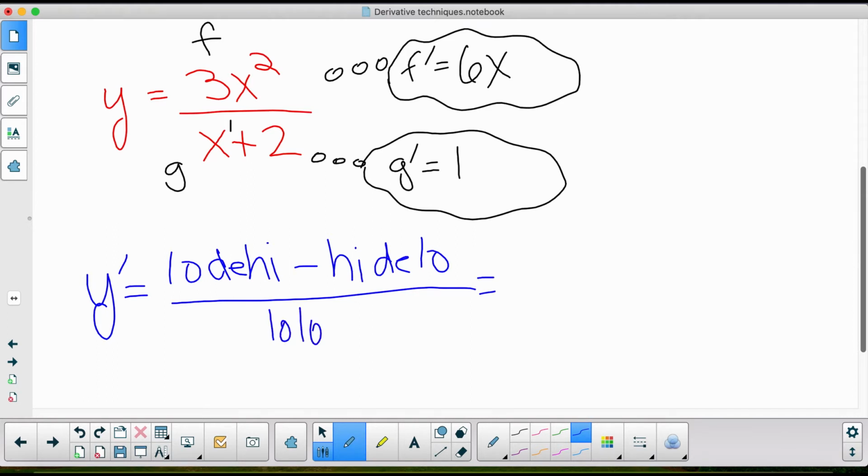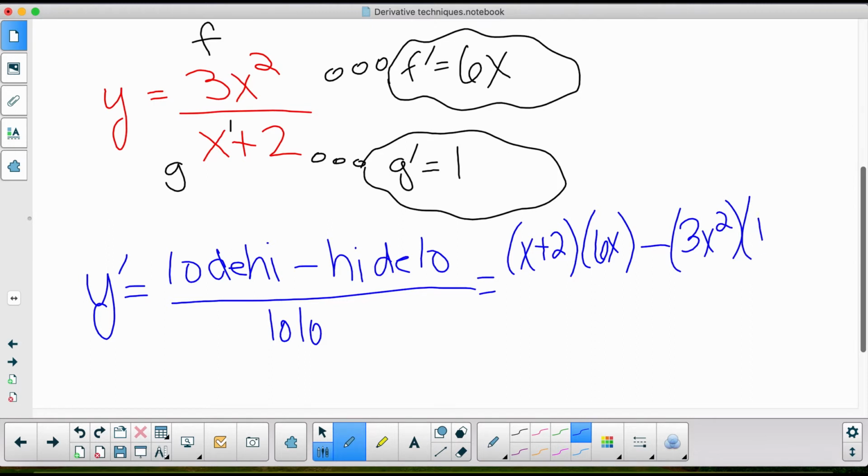Now I'm going to plug it in. My low piece is x plus 2 times the derivative of my high piece, 6x, minus my high piece, 3x squared, times the derivative of my low piece, which is 1, all over x plus 2 squared.